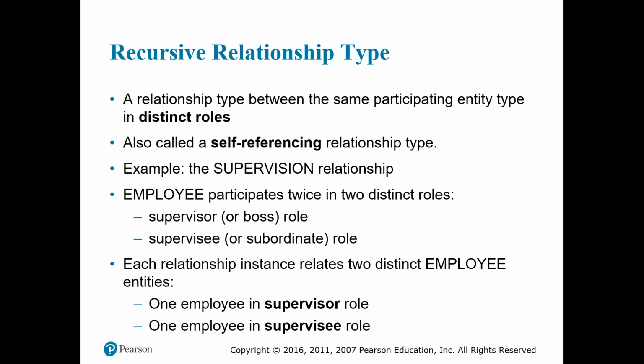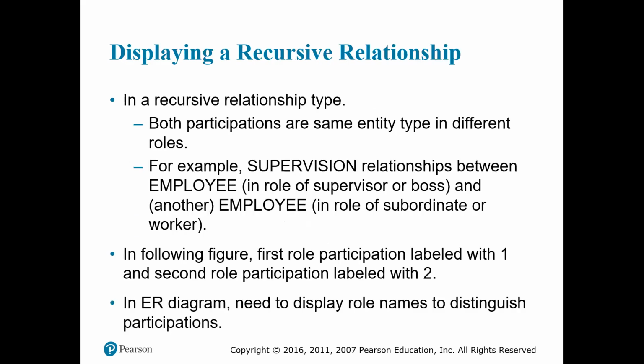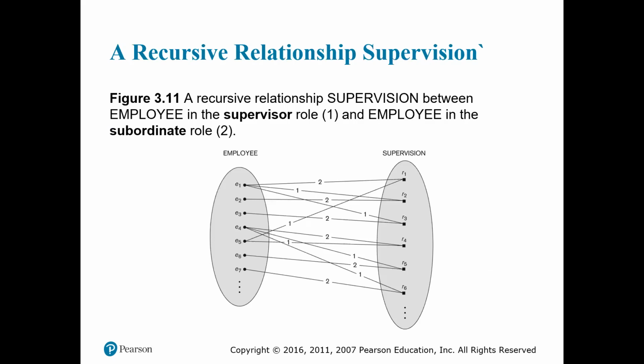So you could determine all of the supervisors, and you can count the number of people that they supervise. You wouldn't store that. So there you go. And the recursive relationship type has got to point back to the same entity.